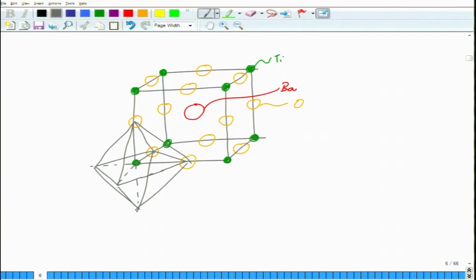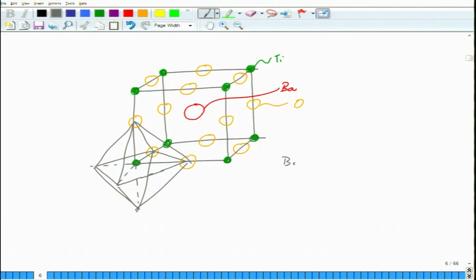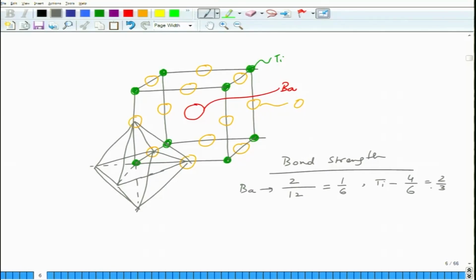You can also do the bond strength check here. Now the cation barium has a valence of 2, it's surrounded by 12, right? Its bond strength is 1 by 6. Titanium has a valence of 4, surrounded by 6. Now oxygen has a valence of 2, coordination number, something. Either you know the coordination number, you need to get the valence out.